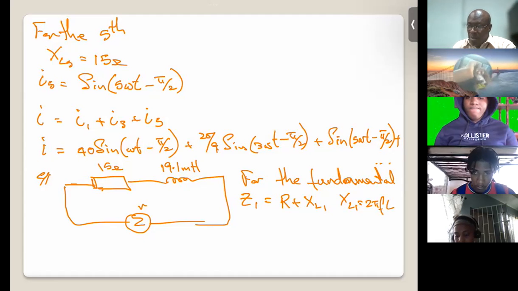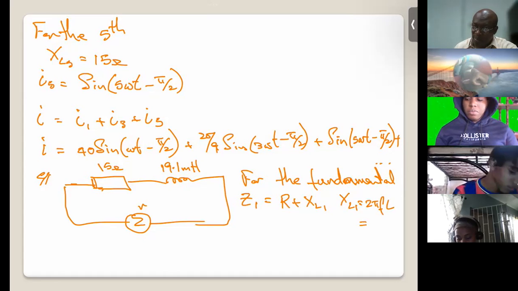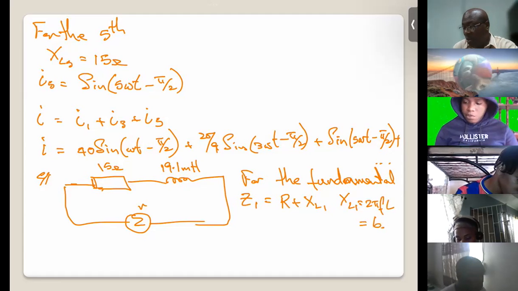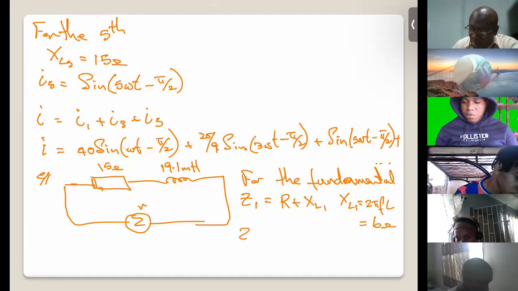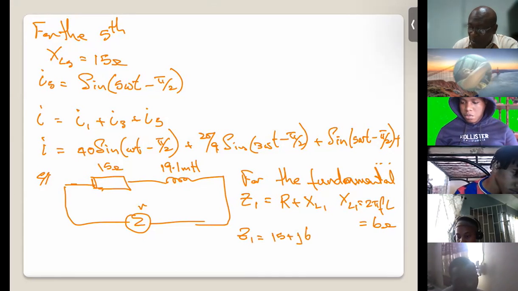All right, so what is this equal to? 2 pi FL is 6 ohms. Good. So Z1 is equal to 15 plus j6.